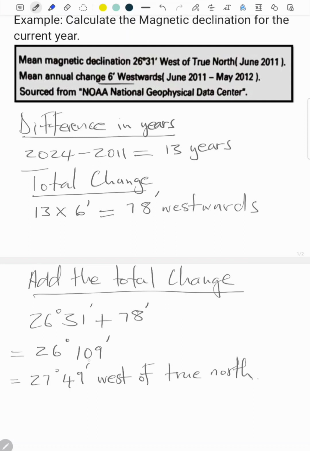We only do this when the minutes exceed 60. But if the minutes do not exceed 60, we just leave it like that. If they exceed 60, we have to subtract the 60 minutes because they make 1 degree, and then they will increase the degrees that we have on this side. So this is how we calculate the magnetic declination.